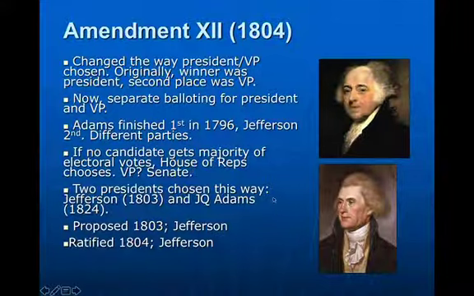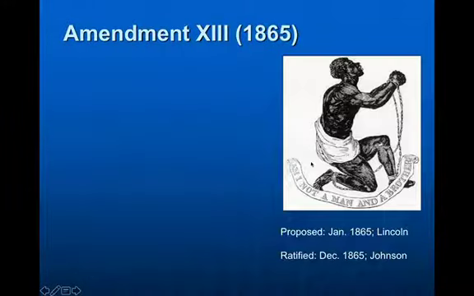So basically what the amendment did is that second bullet point: there's now separate balloting for both offices. So the likelihood of a president of one party and a vice president of the other is not going to happen anymore.